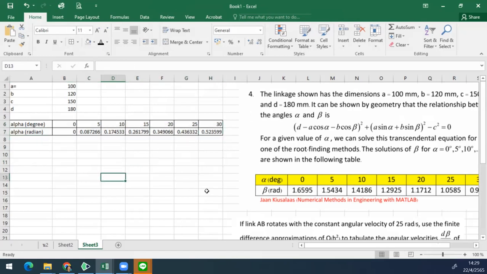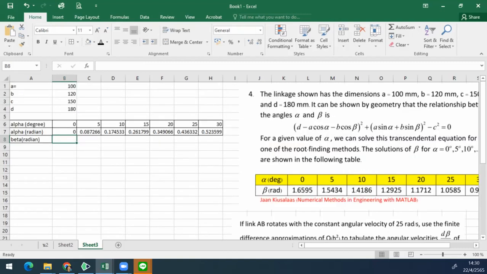Now we will create the constraint equation, that is the angle beta, in radian. If we don't know anything, we can approximate it. Since this case is nonlinear, we would like to determine the angle beta.